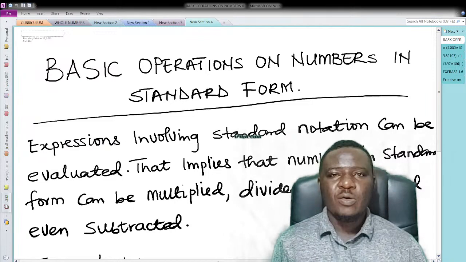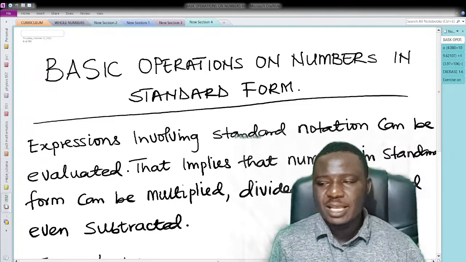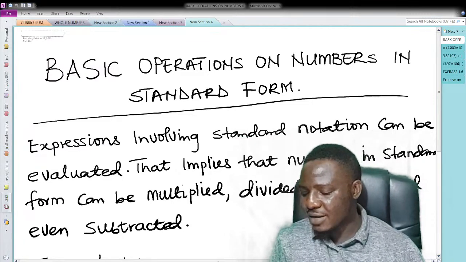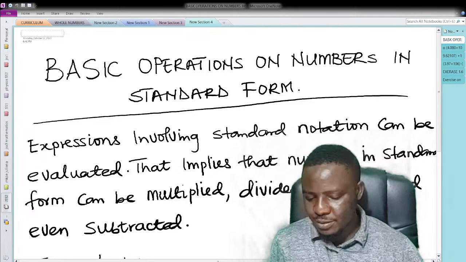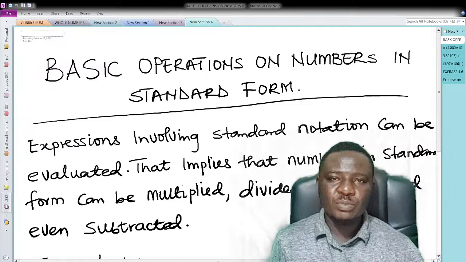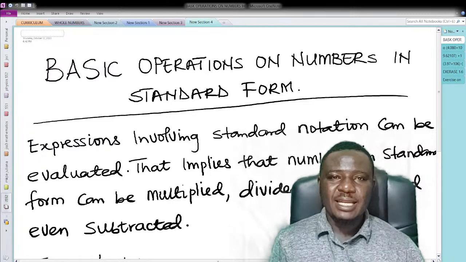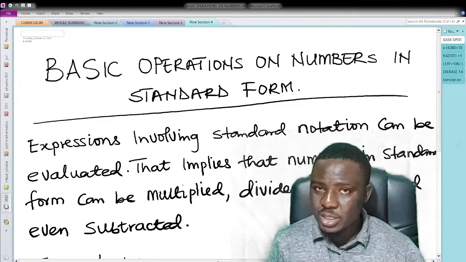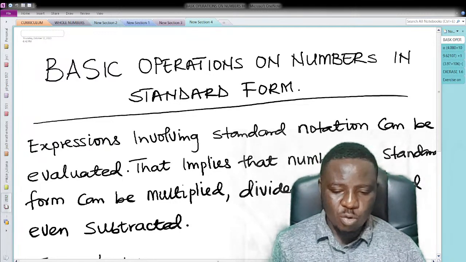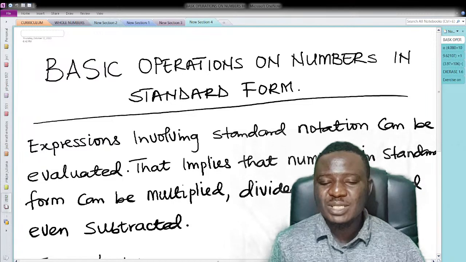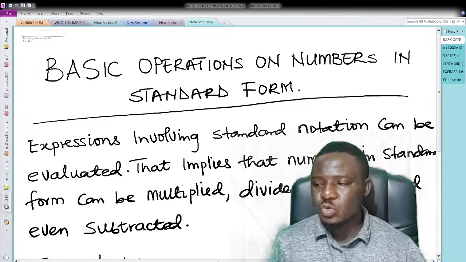At that class, I gave you the reasons why we had to express numbers in standard forms. Are you with me? Yes, sir. Numbers are expressed in standard forms when they are too big or too small to work with. So when you have such numbers, the best thing to do is to express them in standard form, which makes it easier for you to simplify.